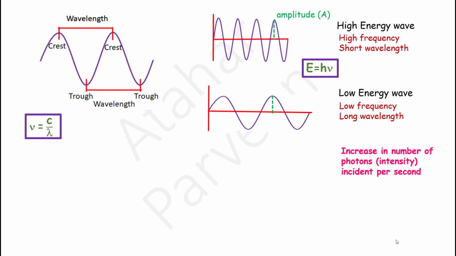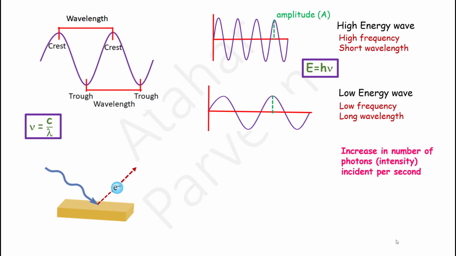Now, we also know about a certain parameter known as intensity. What is intensity? Intensity means number of photons. If intensity is increasing, you are telling that the number of photons is increasing. See, for example, if this is a metal block, and I am giving only one light ray incident on that metal, then I am getting one electron ejected.